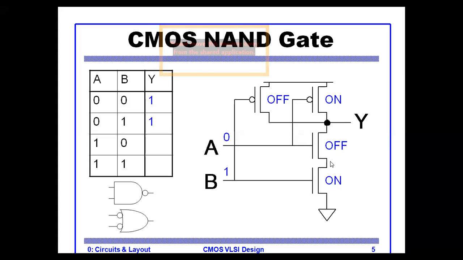But here, these two NMOS transistors are in series in the pull-down network, and if one transistor is off, it will not connect, so the ground potential, VSS, will not appear across the Y terminal.